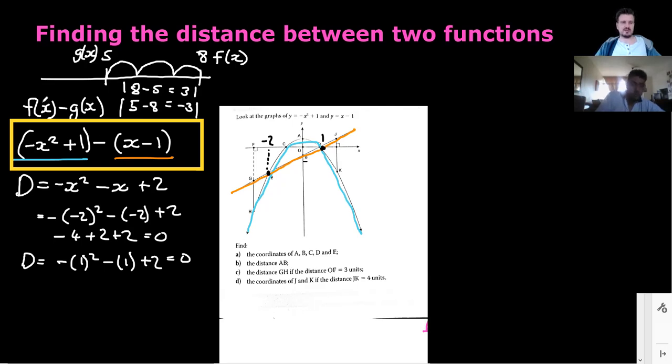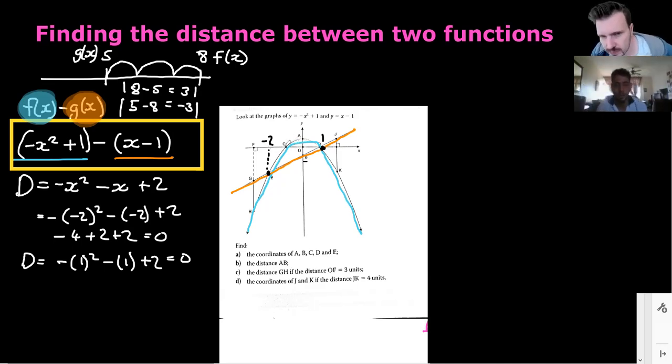You just remember that whatever value you get, because it's a distance, you take the positive value. So you just change it to whatever you have, you make it a positive. So when I get distance, no matter what the answer is in the negatives, I just make it a positive.